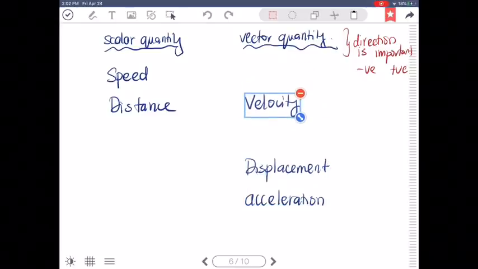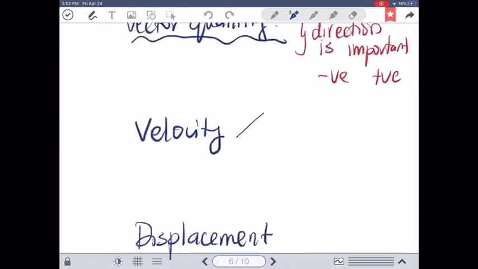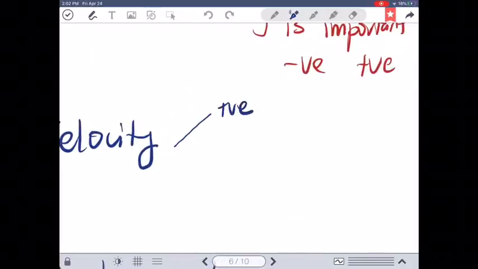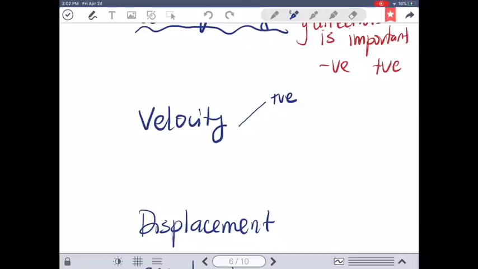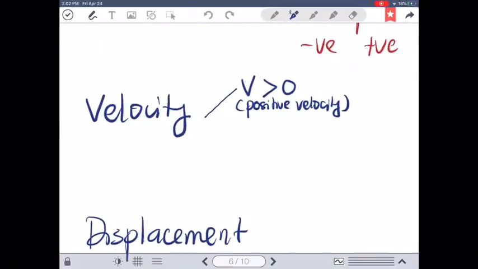Okay, if we have positive velocity, it means that the value of v is greater than 0. What does it mean by positive velocity when v is greater than 0?